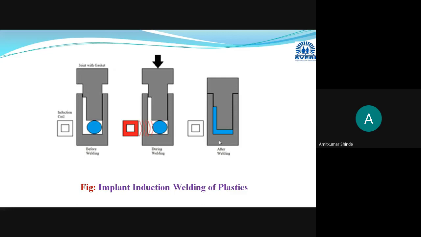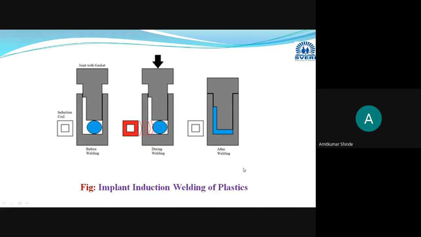In implant induction welding, we use an electromagnetic adhesive material. With the help of the inductor coil and high frequency alternating current, we create the heat, and with the application of pressure, the joint is created.